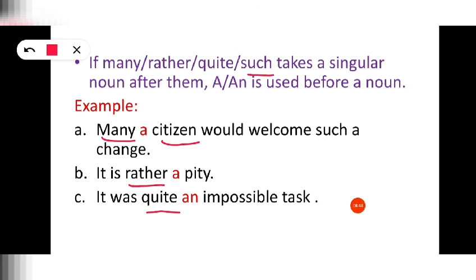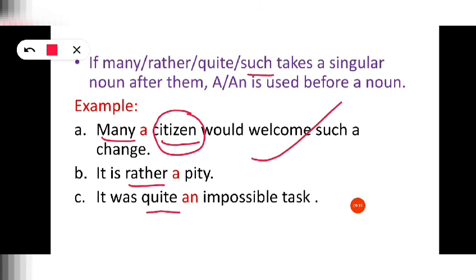Right, let's come to the first example. Many a citizen would welcome such a change. Now if you see here, many a citizen, many is given, so we have to check later on. The noun referring to here is citizen. Citizen means one resident of a country.